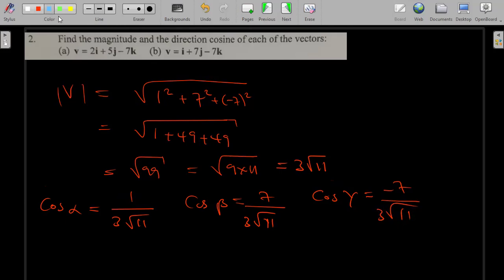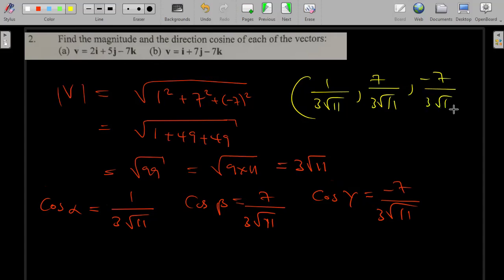And of course, I can write that in a very nice way, where I say my direction cosines are 1 over 3 root 11, comma, 7 over 3 root 11, comma, negative 7 over 3 root 11, like that. So this here ends up being my direction cosines.